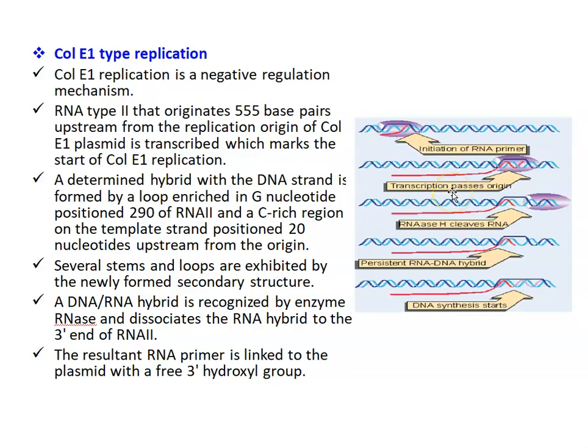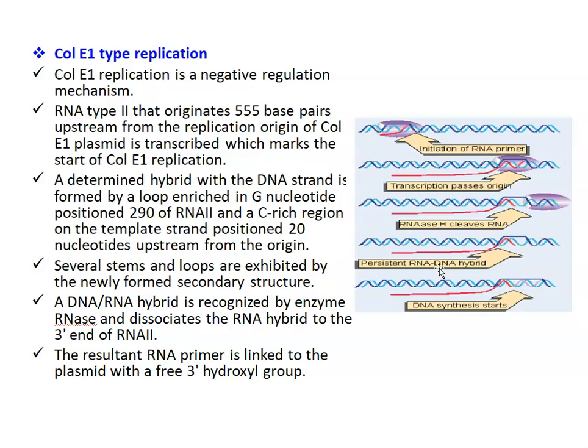Then a hybrid with a DNA strand is formed by a loop enriched in G nucleotides positioned at 290 of RNA2 and a C-rich region on the template strand positioned 20 nucleotides upstream from the origin. Several strands and loops are exhibited by this newly formed secondary structure.